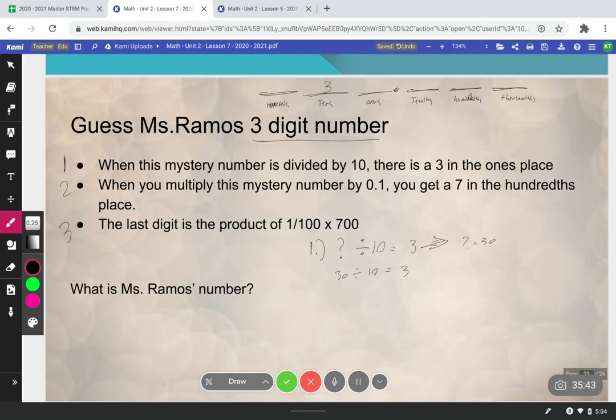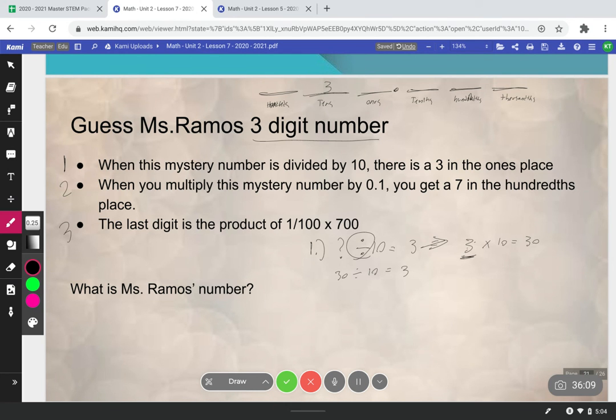Because if I move this over, three times 10 equals 30. So that means that this 3 was originally in the tens place, which is why we put it in the tens place.